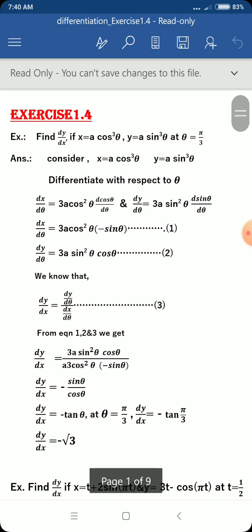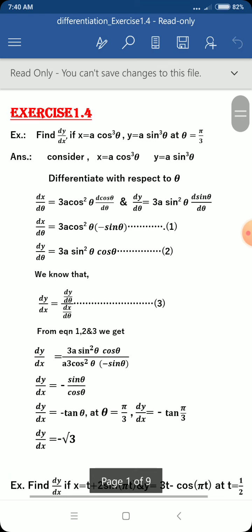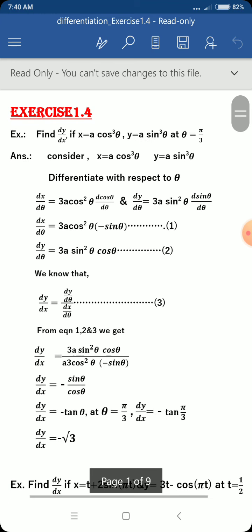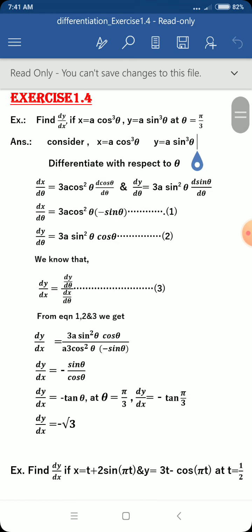Therefore, the derivative of cos cube theta is 3 into cos square theta into the derivative of cos theta with respect to theta. That is, dx by d theta is equal to 3 into a into cos square theta into the derivative of cos theta, which is minus sin theta. Call this equation first.